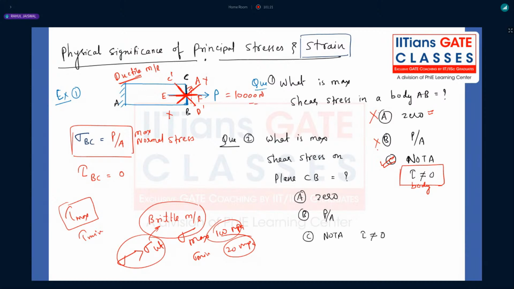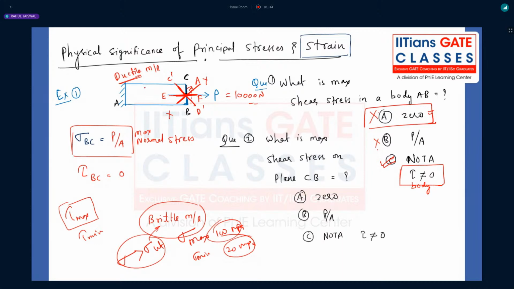Who said that? Ductile materials are very weak in shear. It will fail because of the maximum shear stress. And if you think that, sir, the maximum shear stress in a body will be zero, and so if it is zero, how much load can I apply? The material will laugh and say, I'm not going to fail. But you are wrong.